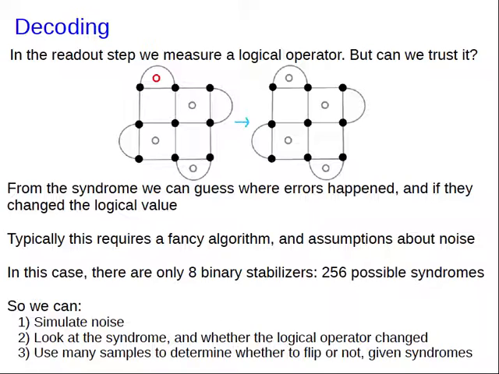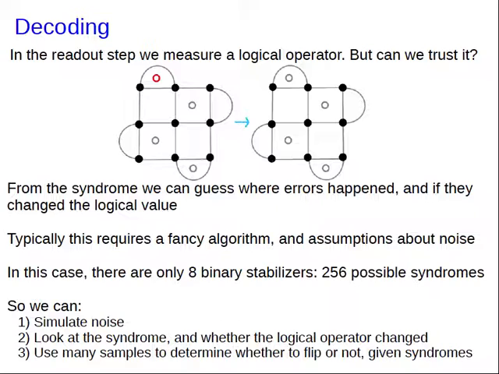So more complicatedly, we have to look at the whole syndrome, what's going on in all of these, and work out, is it more probable that our logical operator is telling the truth, or is it more probable that it's telling a lie? So typically, we will use a fancy algorithm for this. As Barbara was talking about earlier, for an arbitrarily large version of this code, we can use all kinds of stuff.